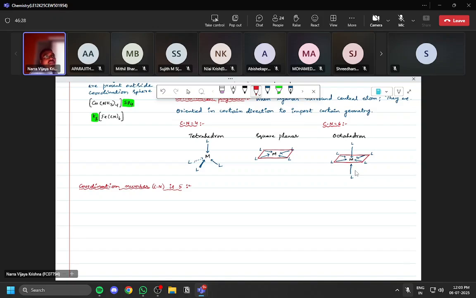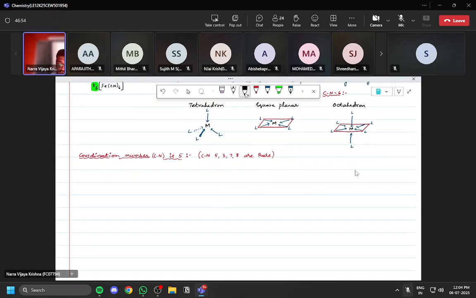Coordination numbers 5, 3, 7, 8 are very rare. That's why we are discussing coordination number 5 separately. Will you understand now?